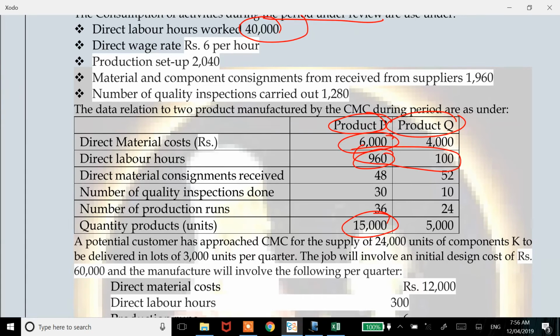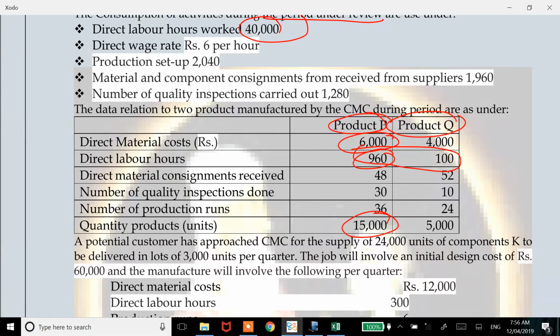In case the question says labor hours are some 10 crore or 20 crore, then I have to make an assumption whether that is per unit or for all units put together. That's purely your assumption. In this case, I don't need an assumption because everything is given overall. I'll first do the overall calculation, divide by the number of units and get the cost per unit. If everything is given at per unit level, you do everything at per unit level and then multiply with the number of units.